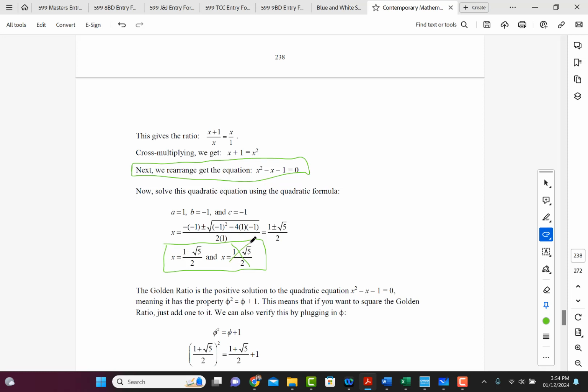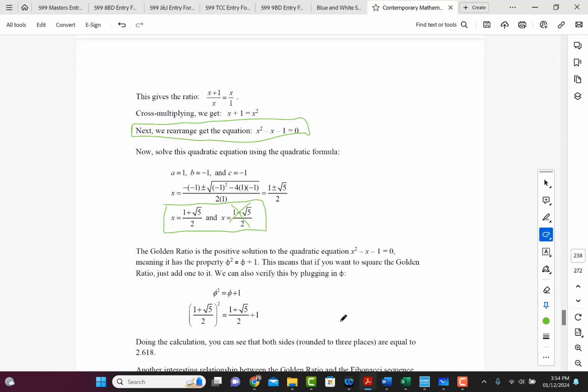So it can't be this one. Okay, so it has the property that phi squared equals phi plus 1. This means that if you want to square the golden ratio, just add 1 to it.